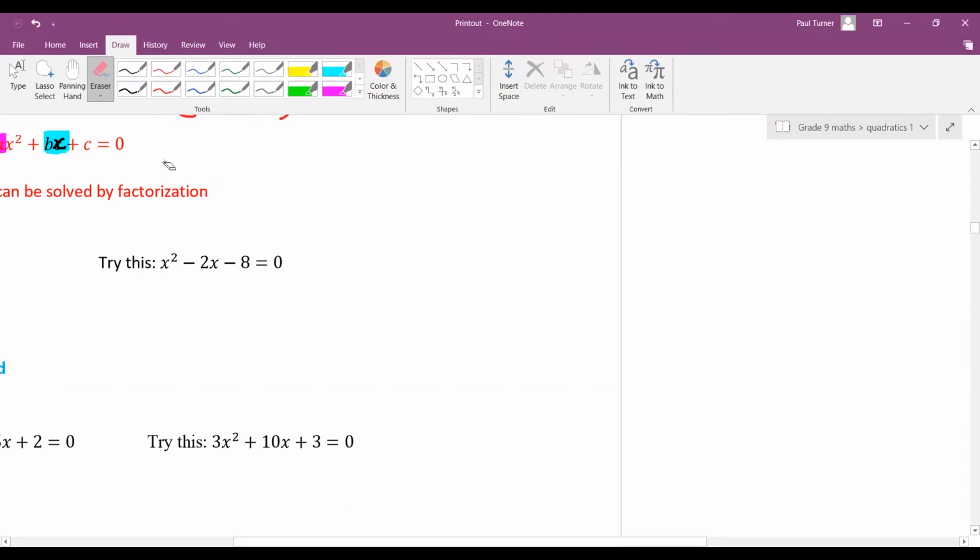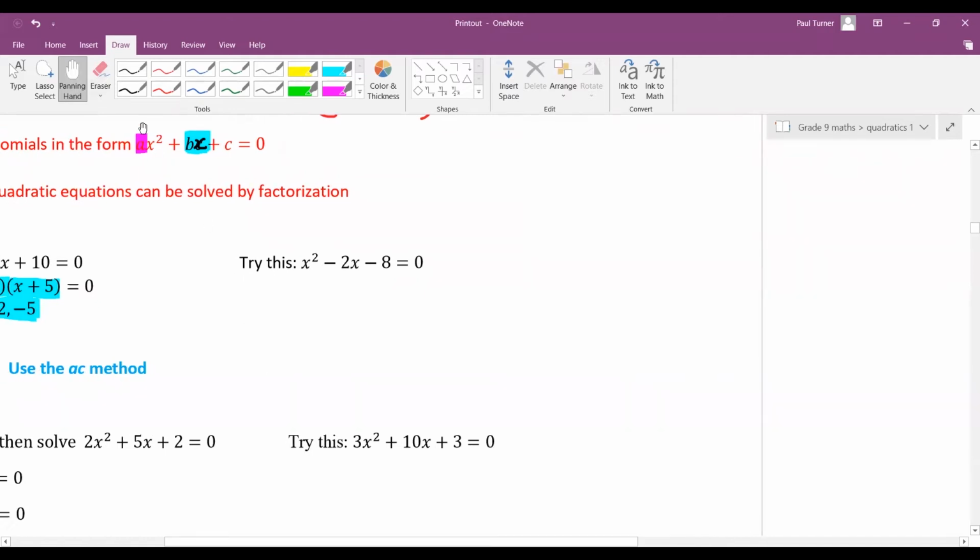So look at this one. Your first step is, well, what you can do is put your bracket first. You can write this first. And we have x squared. So we know we can write x and x in here. That's the first thing to do.